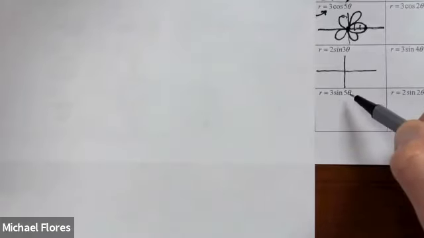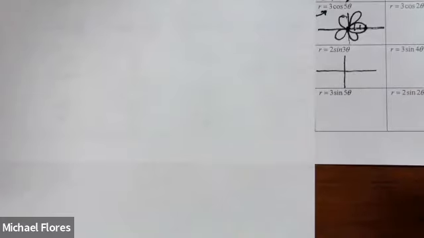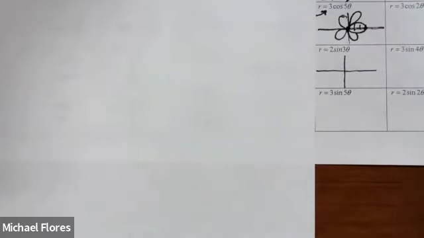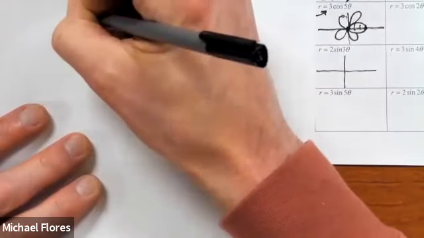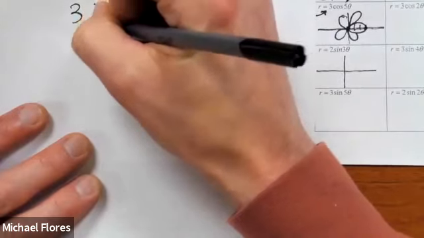Odd n value. If there's an odd n value and we're graphing a rose and it's a sine function, then we have to do a little bit more work to determine whether it's going to fall on the positive y-axis or the negative y-axis. So you're going to take the n value, which is 3 in this case, and multiply it by pi over 2.